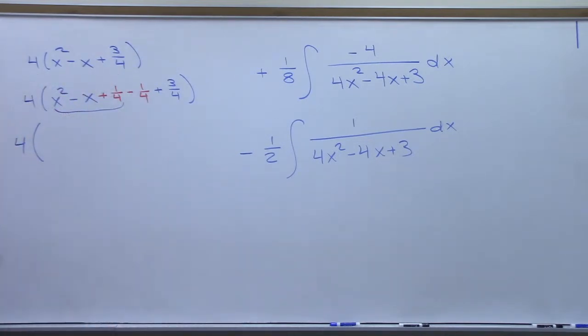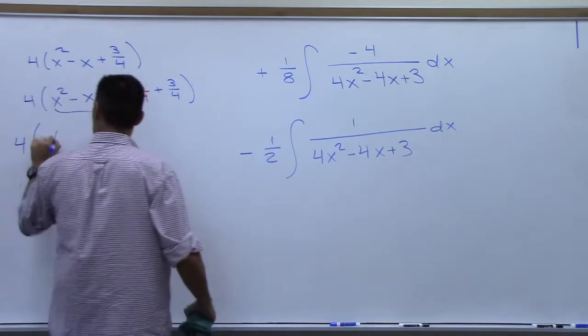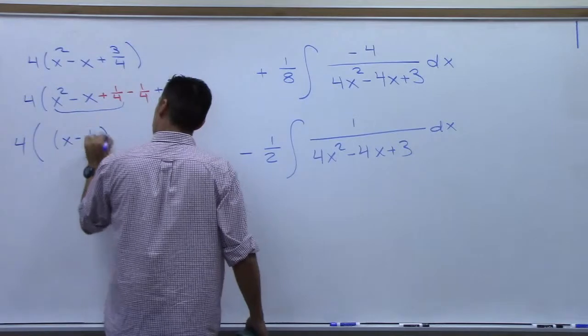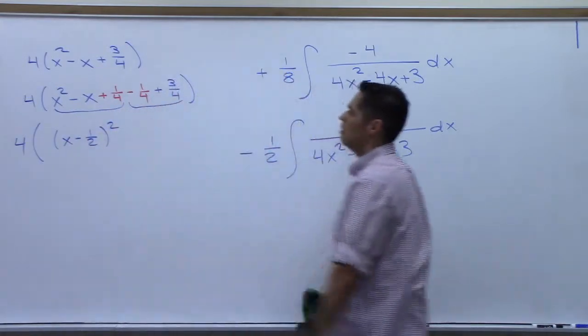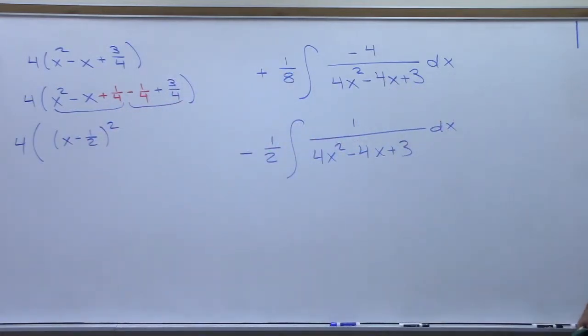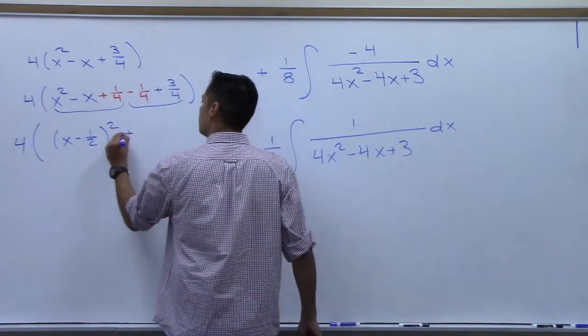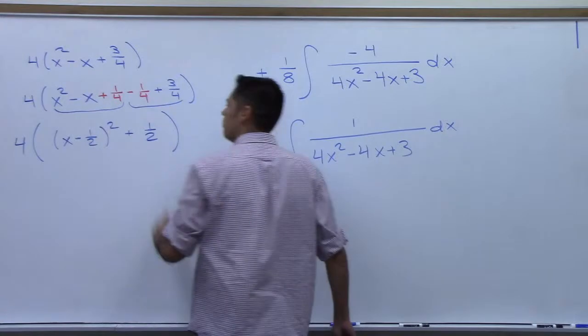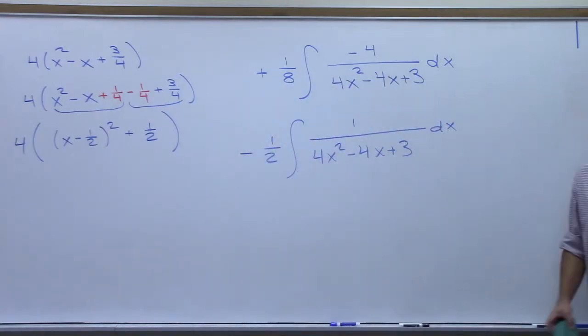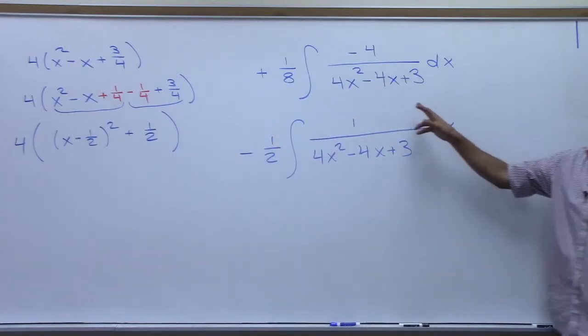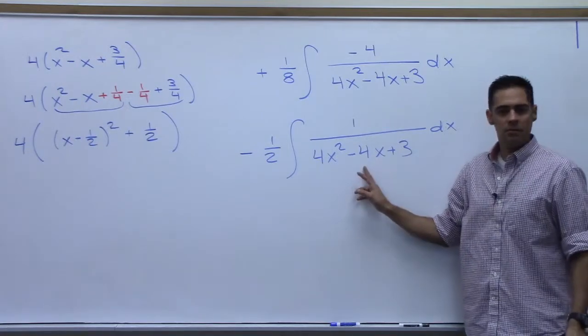These three, x minus 1/2 squared. And then these two, 2/4, 1/2, right? So plus 1/2. That's what this turns into.